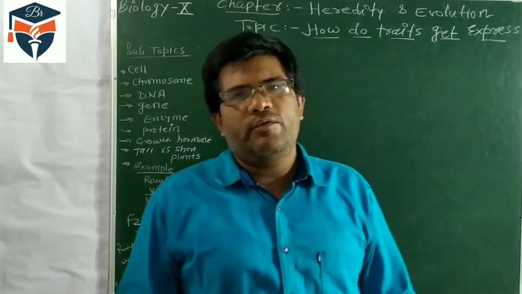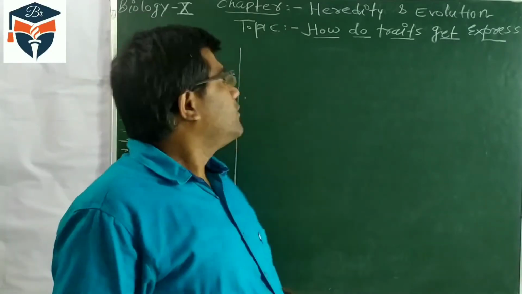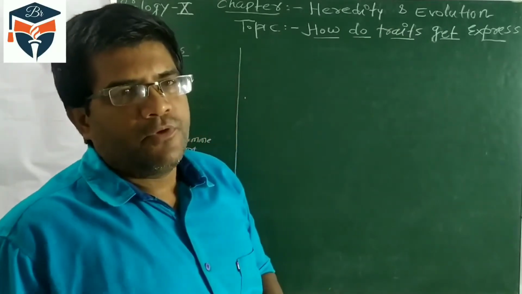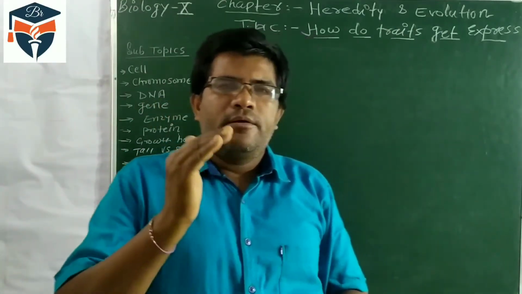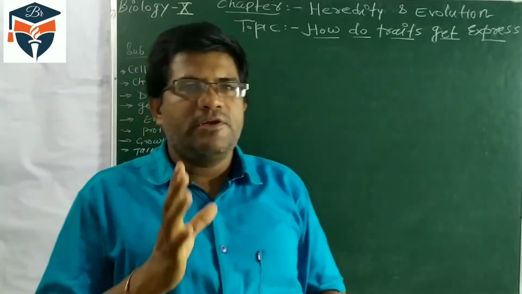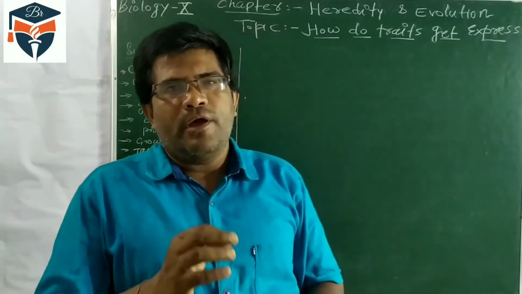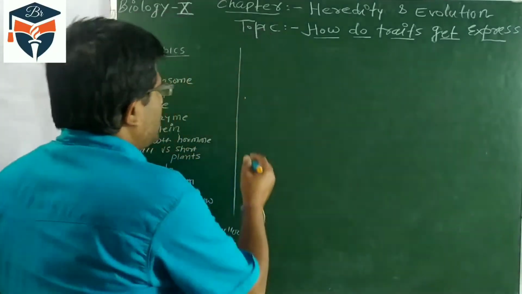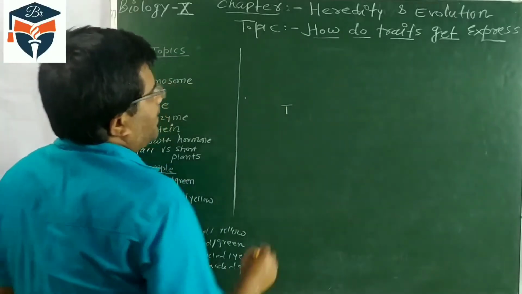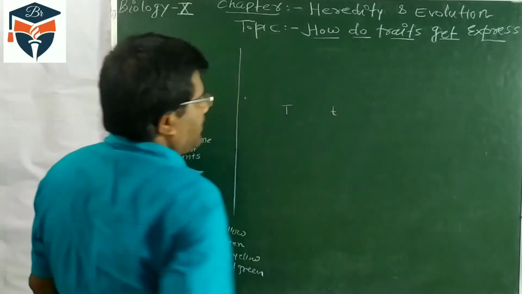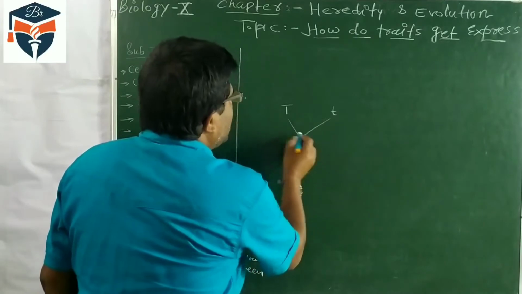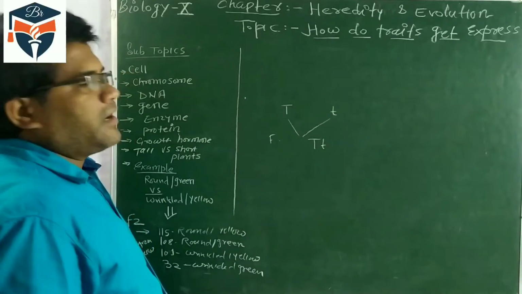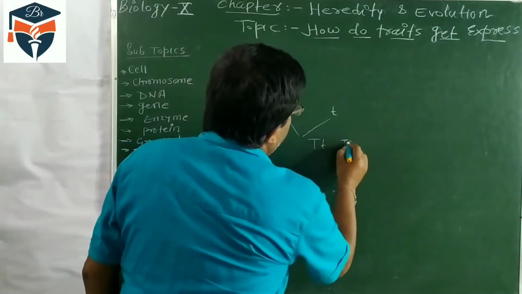Our topic today is how do traits get expressed. As I told you, the alleles of the tall plant are capital T, and the alleles of the short plant are small t. In the F1 progeny, capital T, small t comes, and the plant that appeared is a tall plant.